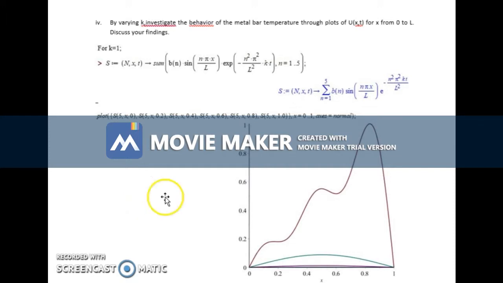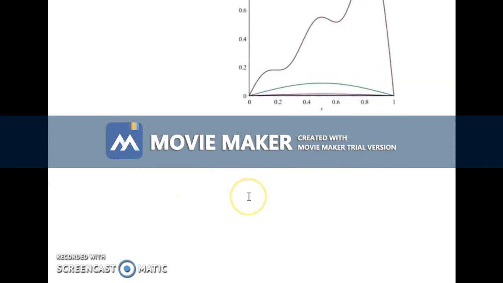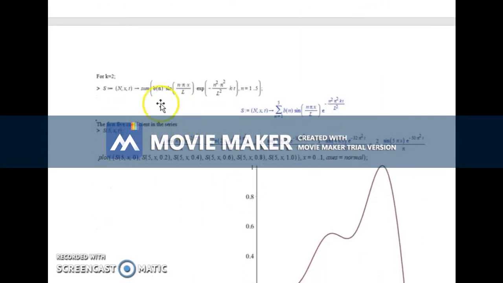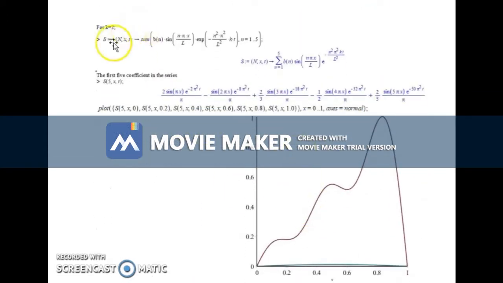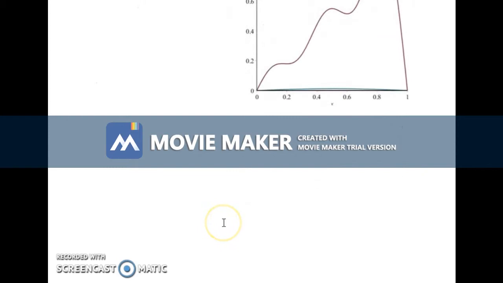So this is the graph we get when k equals 1. Next, this is the graph when we change k equal to 2.